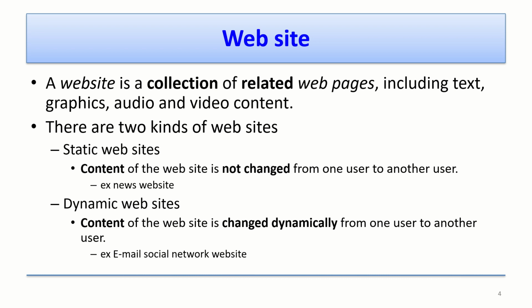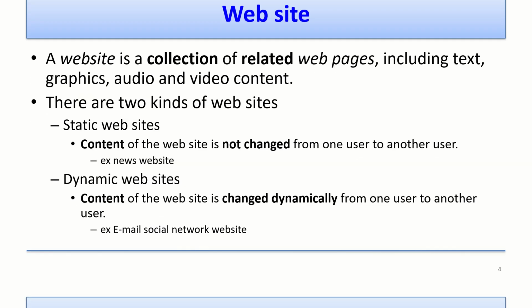Another example is a social network account. On social network websites, users have their own accounts, and the content of each account is different from one to another.